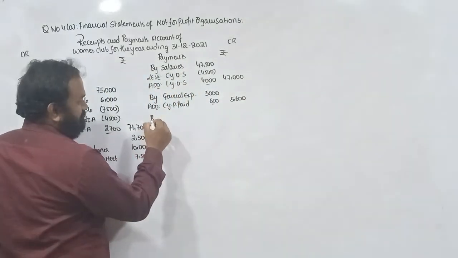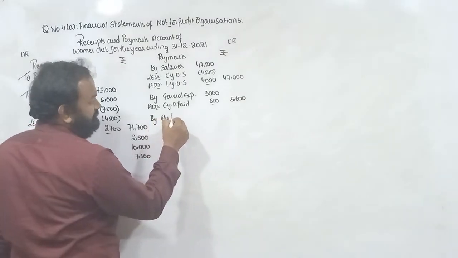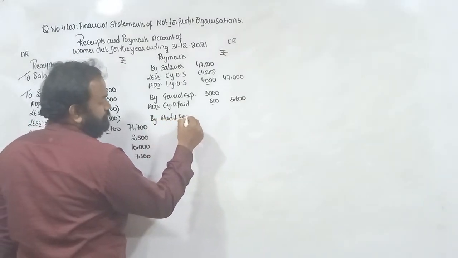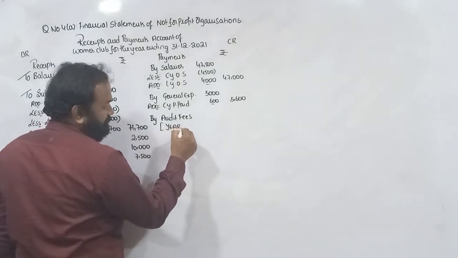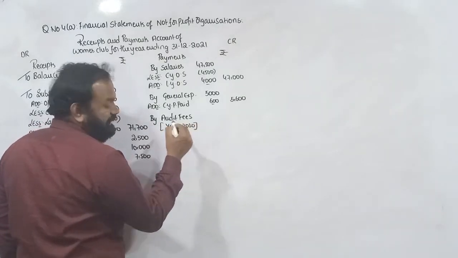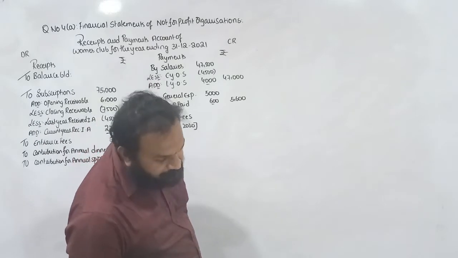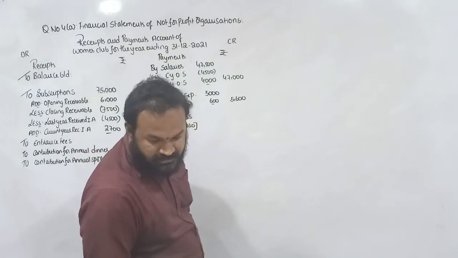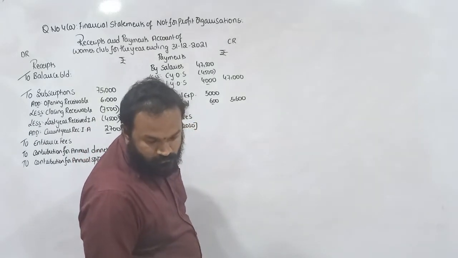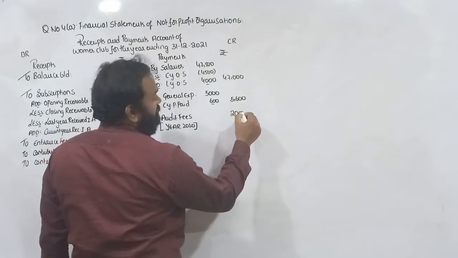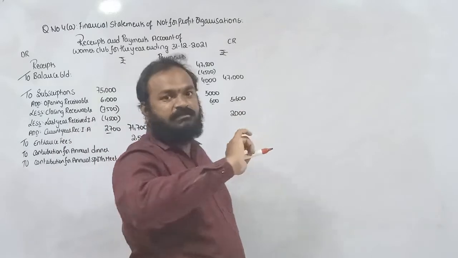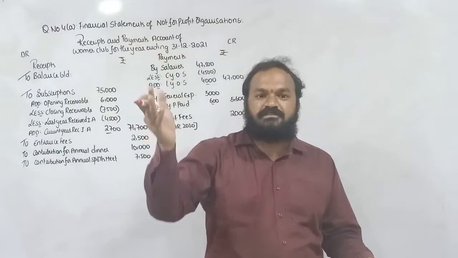So here by audit fees, this is not the payment for 2021. This is the payment for year 2020. How much was it? It's 2,000. So what about that debited to income and expenditure? It's still due. It will be paid in next year, I think.